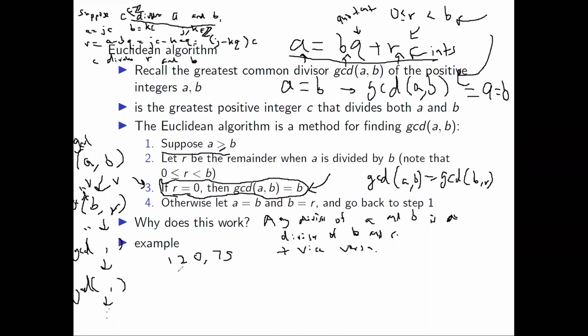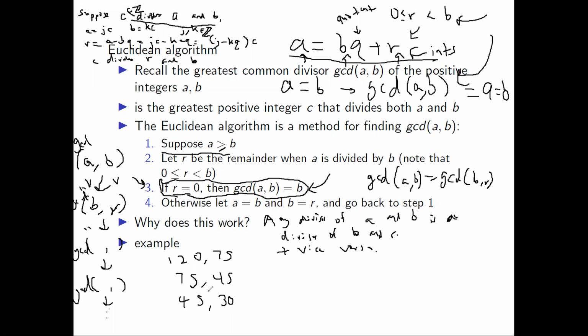That's going to be a remainder of 45. We replace that in the place of the 120. So we get 75 and 45. Then we divide 75 by 45 and look at the remainder. We get 30, which replaces the 75. So we got 45 and 30.